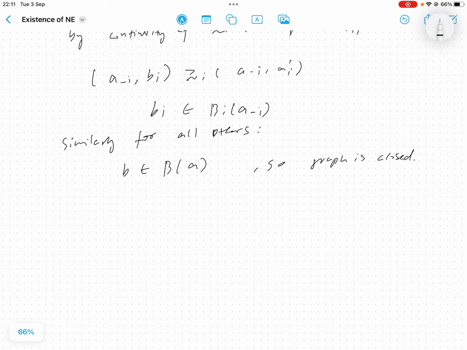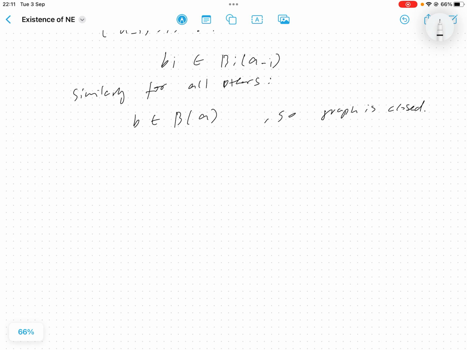Okay. Then by Kakutani's fixed point theorem, there exists a fixed point, right? So finally, by Kakutani's, there exists a*, which is the equilibrium, which is called the Nash equilibrium.